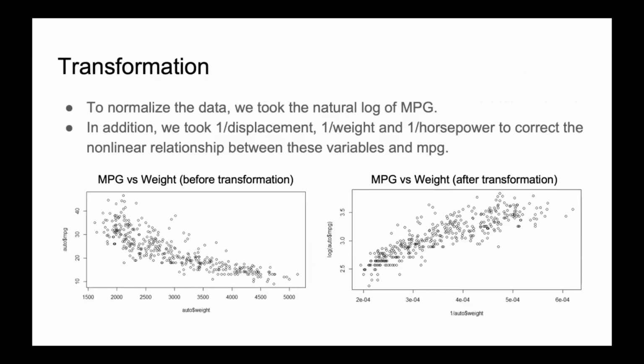To normalize the data, we decided to take the natural log of MPG. In addition, we took 1 over displacement, 1 over weight, and 1 over horsepower to correct the nonlinear relationship between these variables and MPG. The results of one of these transformations can be seen below, in MPG versus weight: before the transformation having a nonlinear curved negative relationship, and after the transformation having a much more linear positive relationship.